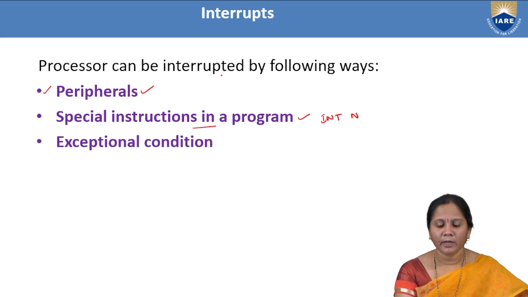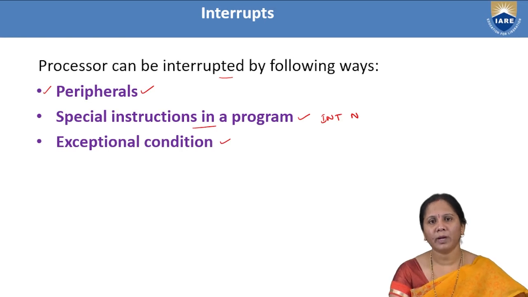The processor may also be interrupted due to exceptional conditions. During execution of a program, for example a division operation, we have to provide the values of divisor and dividend.